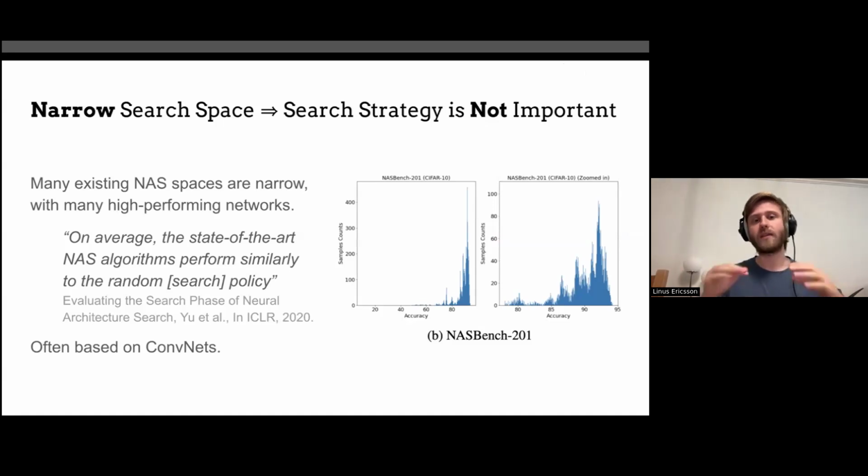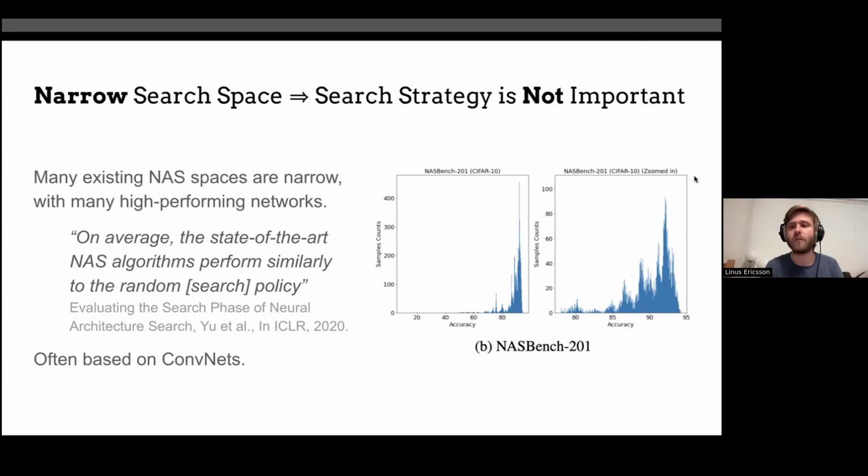Another thing with these narrow or smaller spaces is that they tend to be focused on a standard architecture, like a residual network, and then all of the architectures within the search space are different variations of that type of architecture, based only on convolutional components and pooling and so on. So it's limited in a few ways.